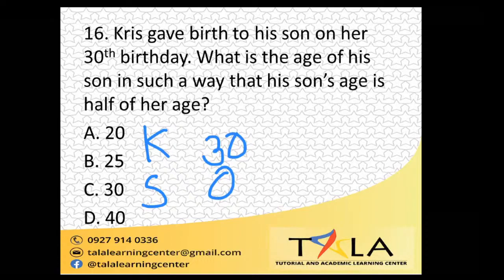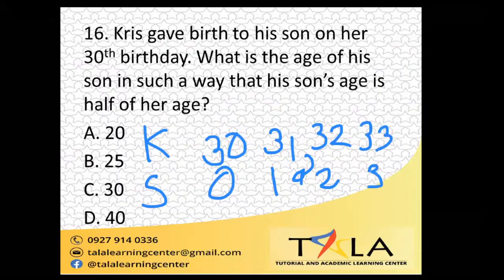So, ibig sabihin, hinahanap mo na, for example, 31, dapat yung age ni son, kalahati nung 31. So, maghahanap ka ng age ni son. So, ibig sabihin, bubuo tayo ng pattern na 31-1, 32-2, 33-3, and so on and so forth.